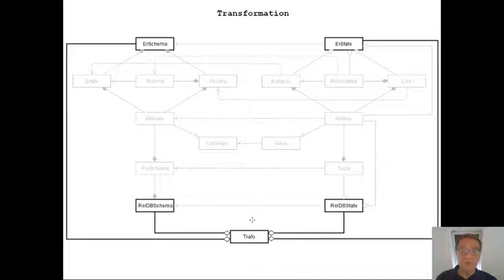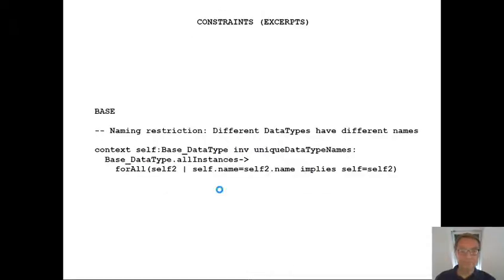So this last constraint said when we have a particular relationship here in the ER schema, then there must exist a rel schema with the same name, and the attributes in the rel schema follow the structure that this relationship has.